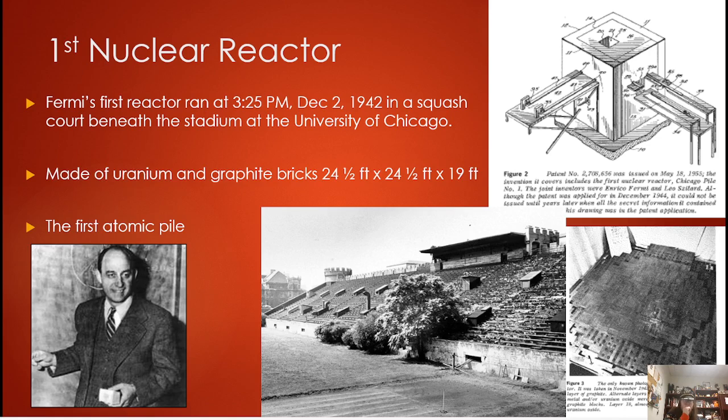Now, they had some safety measures. They had a dead man switch, where a guy with a hatchet was ready to cut a rope to hopefully swing in the protective thing to shut it back down if it started getting out of control. They were hoping they could get a constant rate and not keep building. They also had students with buckets of neutron absorbing material that they were going to hopefully pour onto it.